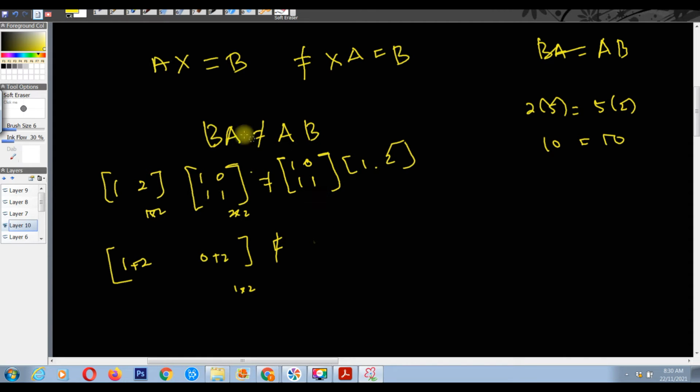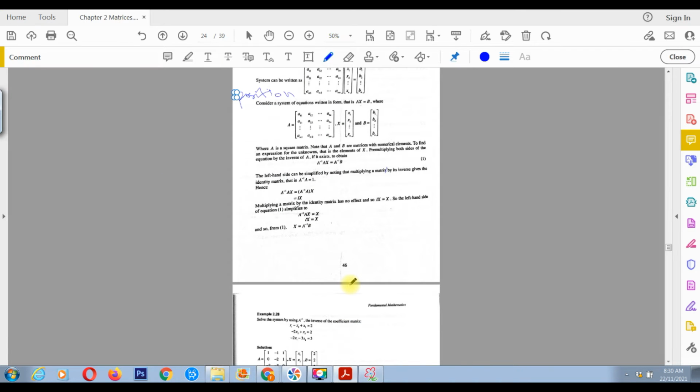It should be 2 by 2 times 2 by 1, so we should get 2 by 1, but here it is 1 by 2. So it is not equal then. We cannot compute because there is no partner for 0. So what is most important for matrices is position.